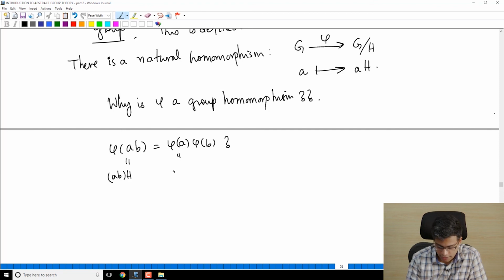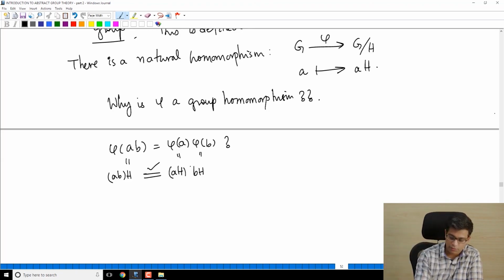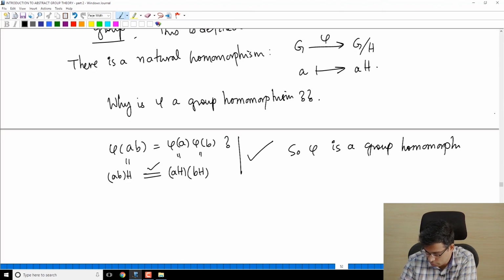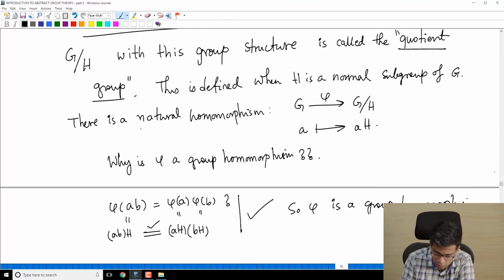And phi of A is AH, phi of B is BH, and these two are equal by definition of the product. AH times BH is equal to ABH. So this is a group homomorphism. Okay, so quotient groups must always be thought of with this structure of this particular group homomorphism. So it is a group and it admits a natural homomorphism always, G to G mod H.